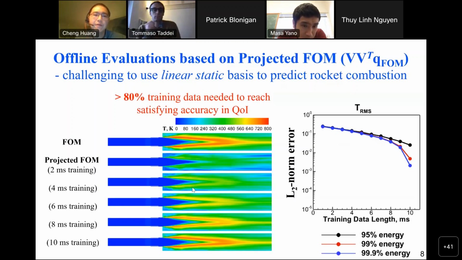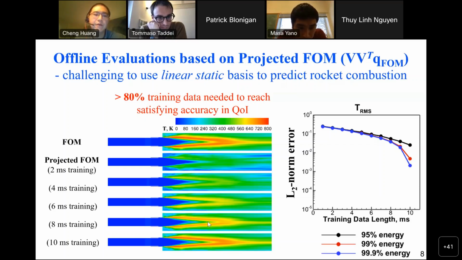And at 4 milliseconds, you can see some improvement. This is great, but not very much. 6 milliseconds seems to be getting closer, but again, you are under-predicting the RMS magnitude a lot, right? Because you didn't follow the oscillation magnitude very well in the shear layer region right here.